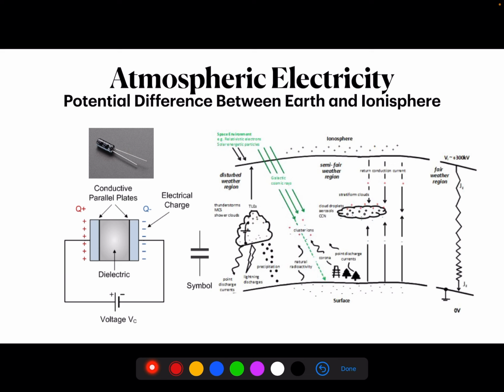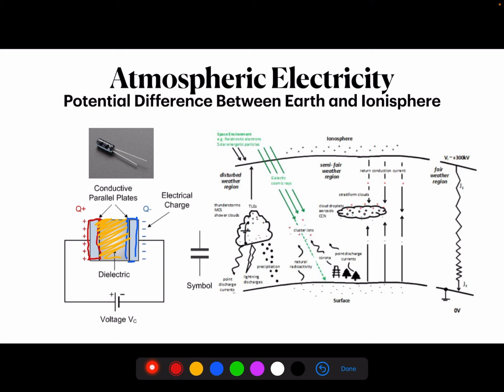And the way this works is the capacitor has two plates. One's positive, and one's negative, and it's separated by a dielectric, so an insulator.